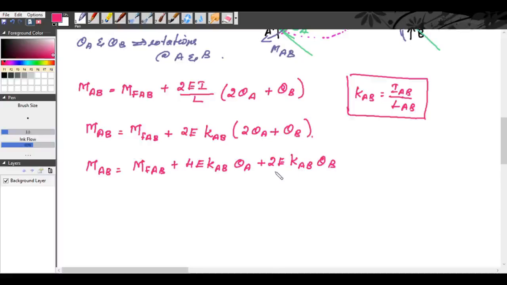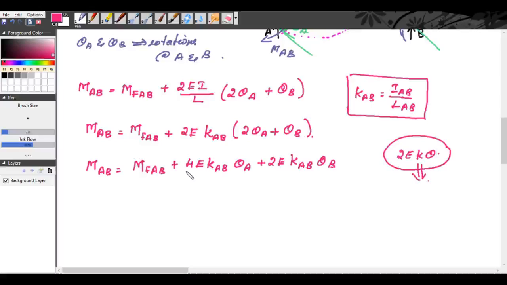Now, this 2EKAB theta is taken as the rotational component. This 2EK theta is considered as the rotational contribution of the ends.